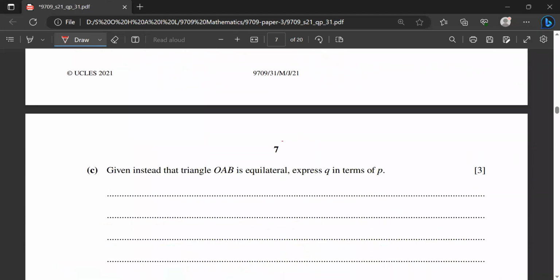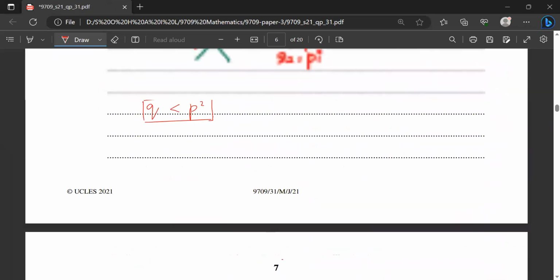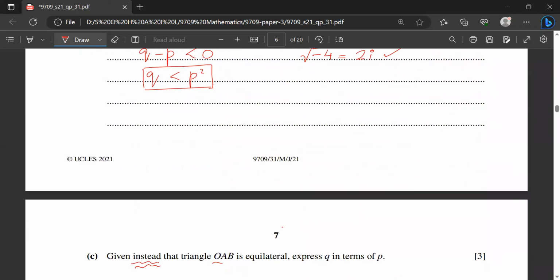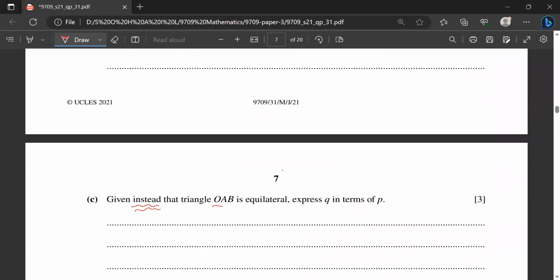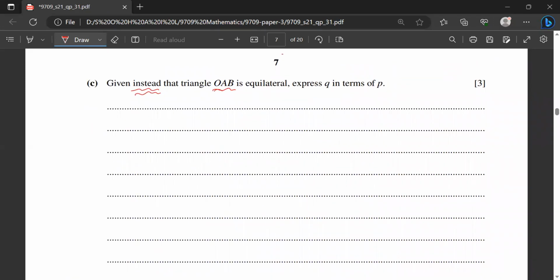Third part is, given instead, the triangle OAB is an equilateral triangle. Don't mix up with the previous part, but keep in mind that this is the common statement. Here the triangle OAB is an equilateral triangle, O is the origin.